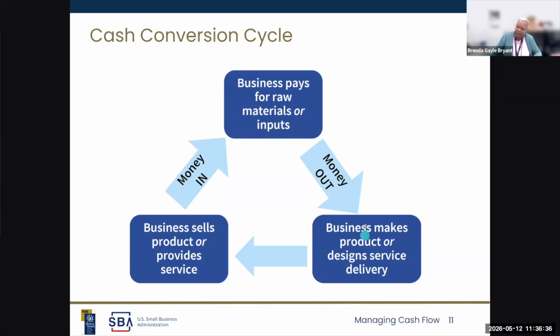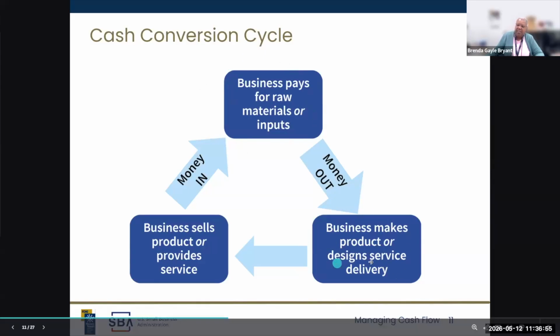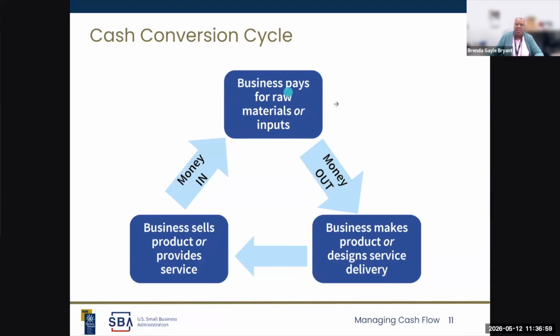I paid for this, I now have something to sell to a customer, and the customer pays me so that I can start the cycle all over again. So that's the cash cycle.